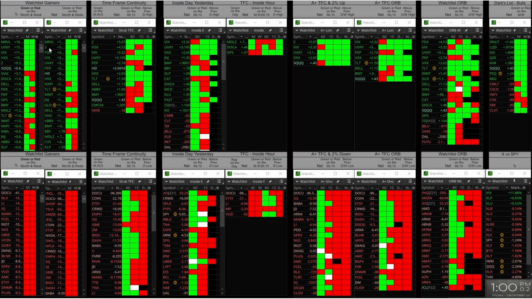But if you look at Z, it's big on the net change, but lower on the percentage change. It has to do with how expensive the stocks are. Once they get moving, the more expensive stocks are going to move more point-wise, dollar-wise, and that is more impactful to options than percentage.